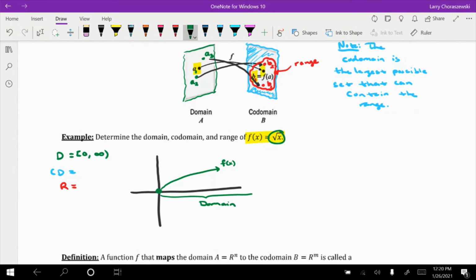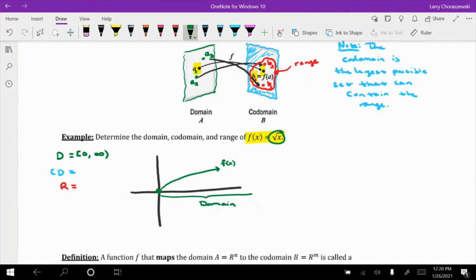Now, before we do the codomain, let's look at the range. The range consists of all the y values that are produced by the square root function. Can anybody offer what the range of this function is? Is it 0 to positive infinity?